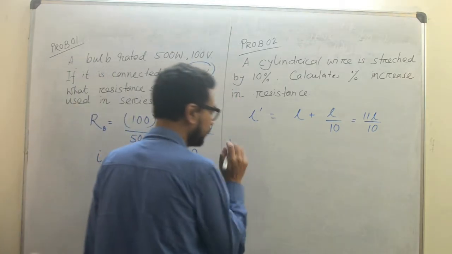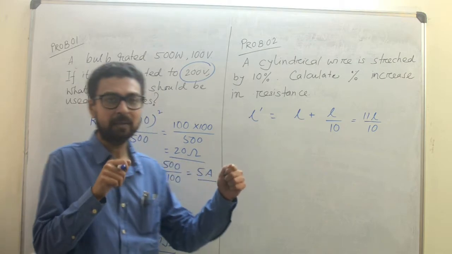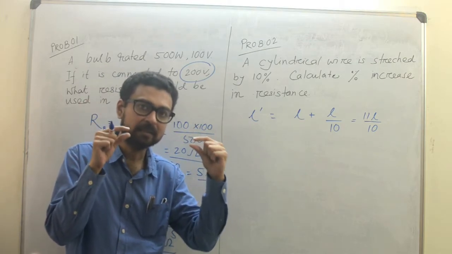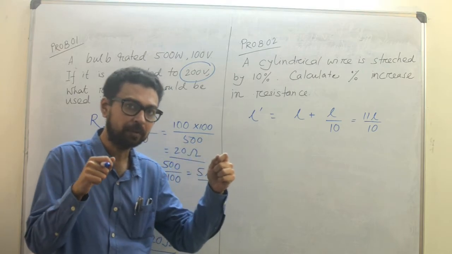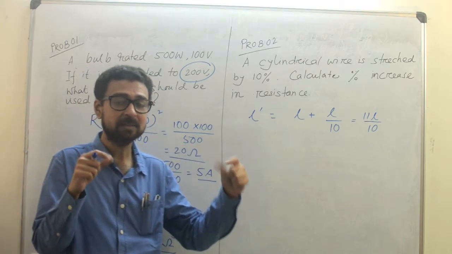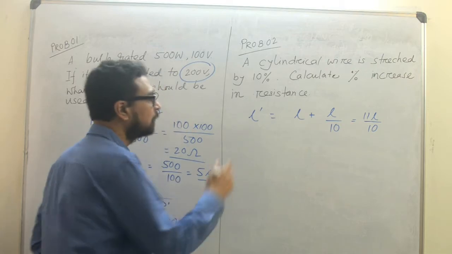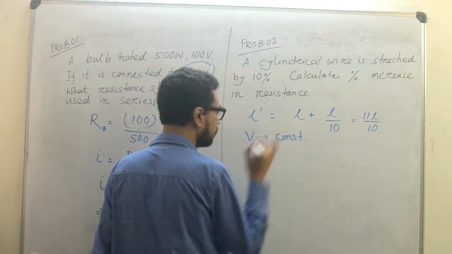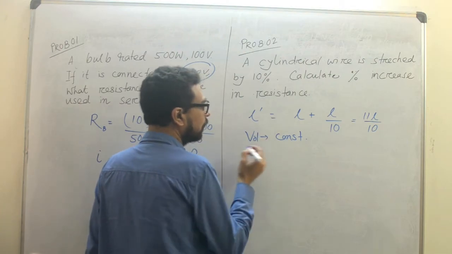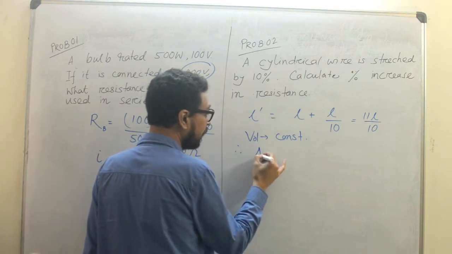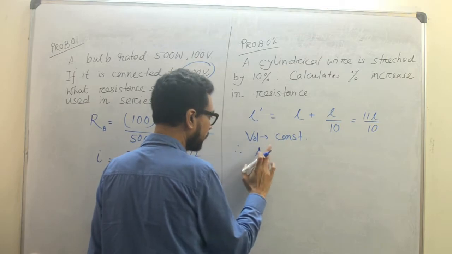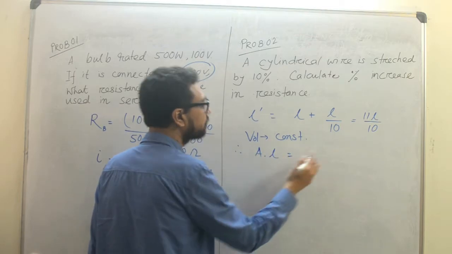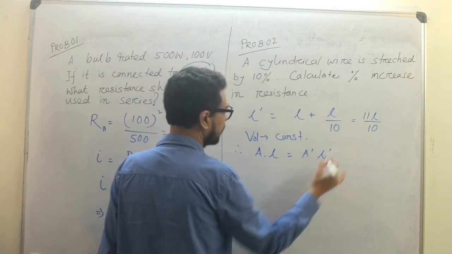But we have one thing, that when we are stretching a wire, its cross-sectional area decreases because we are not changing its volume. We are just stretching it, the length increases but the area decreases. So the volume remains constant, and if the volume is constant, then A into L, the volume, is equal to A dash L dash.